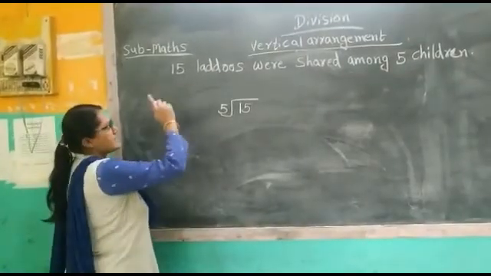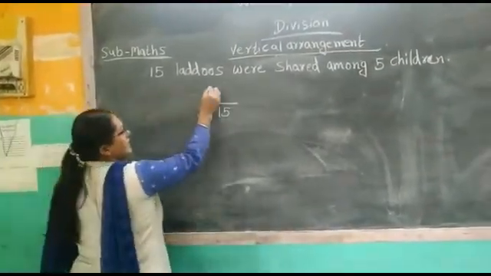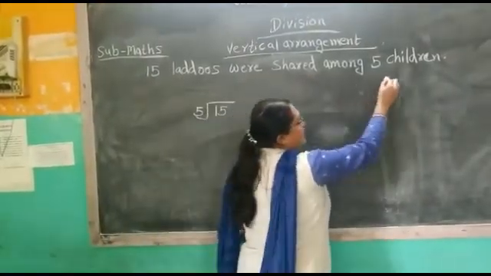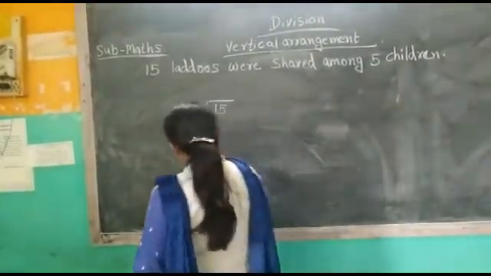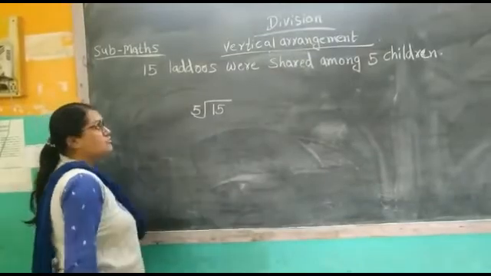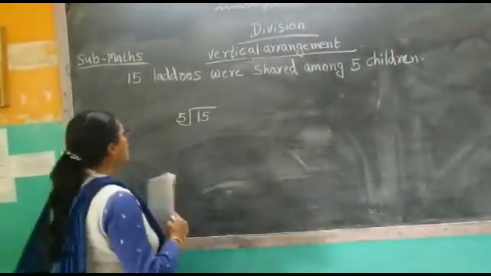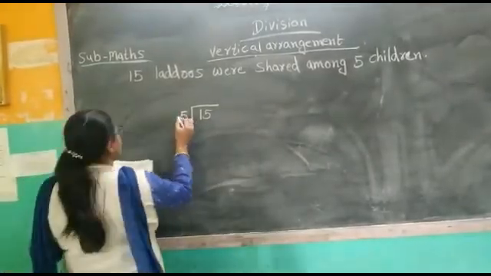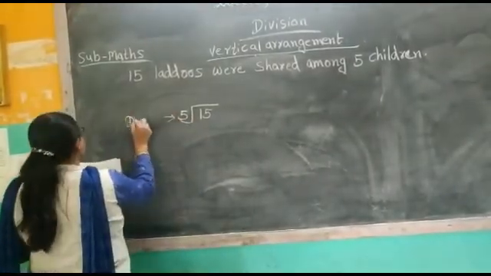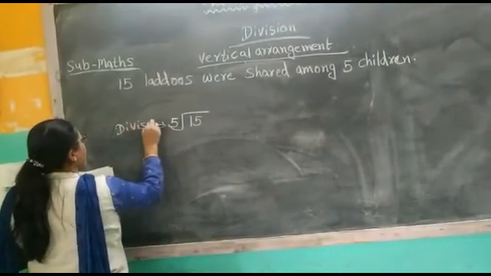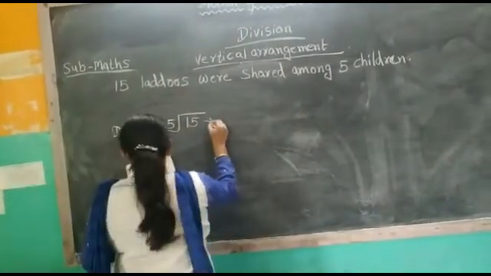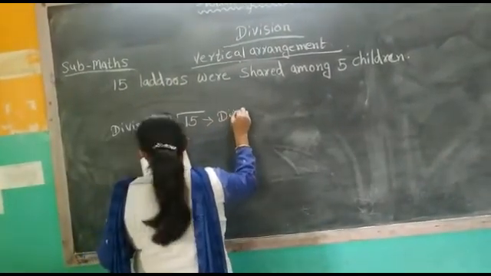Now we will see the next example, children. 15 laddus were shared among 5 children. Now what they have asked is, we have to share 15 laddus among how many children? 5 children. Now see, here 5 is the divisor and 15 is the dividend.